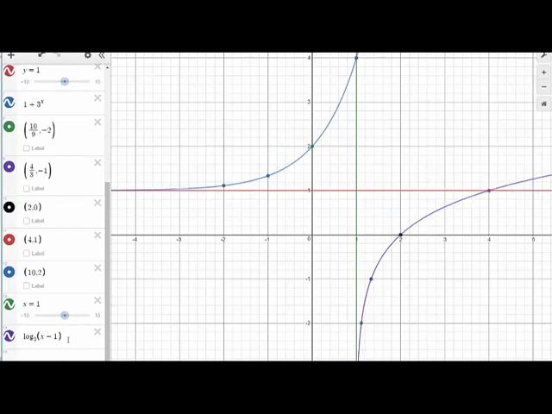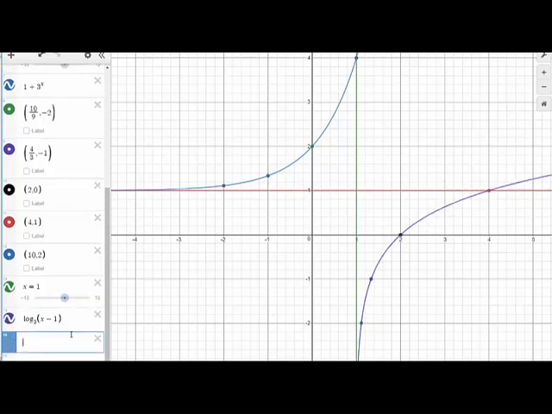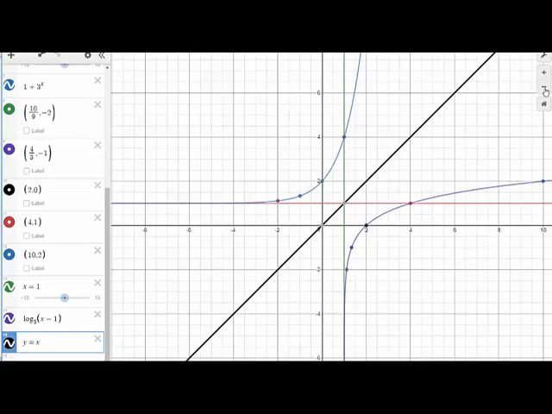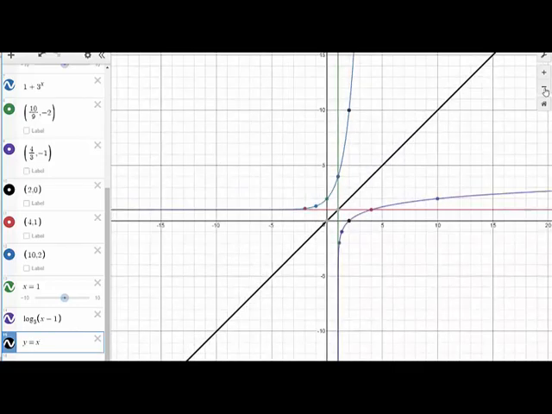And if you also graph the bisector of the first quadrant, y equals x, you can definitely see that the two curves are symmetric around it. Each one of the points has a corresponding point on the initial function that has the x and the y coordinates flipped.